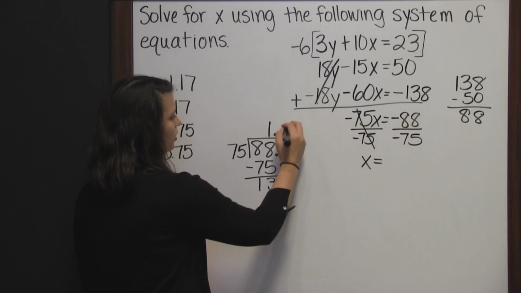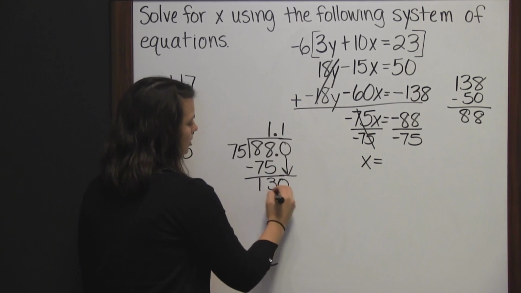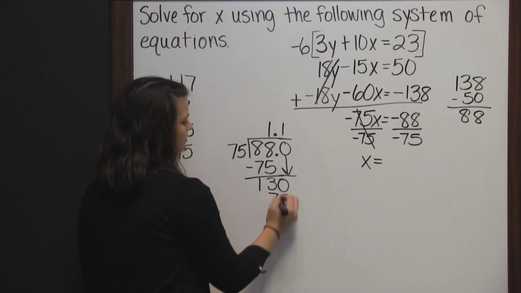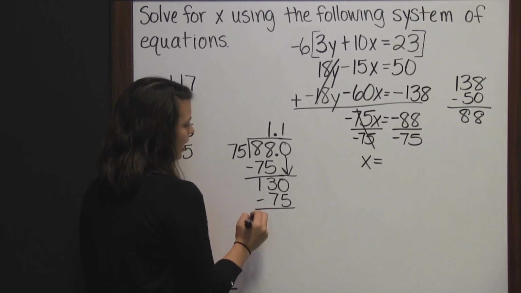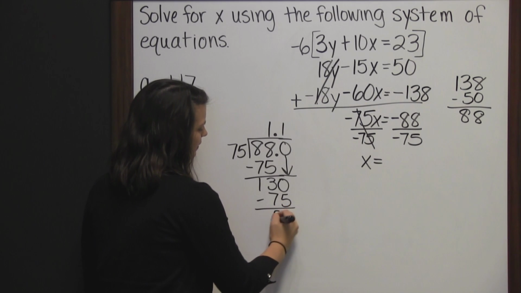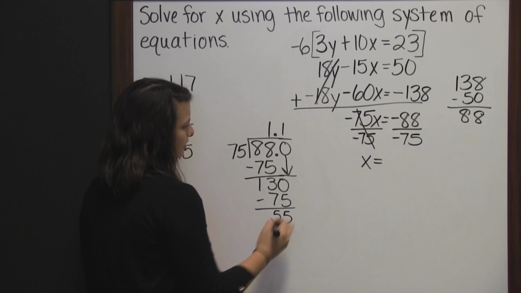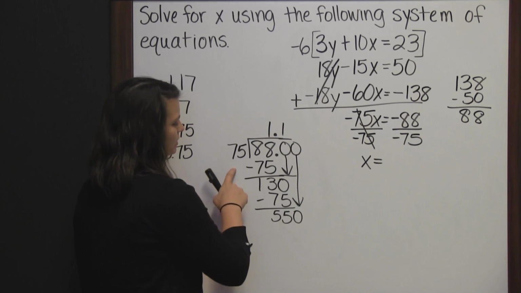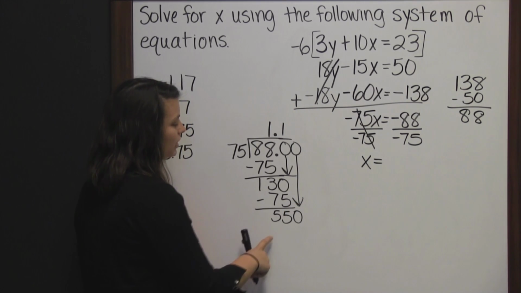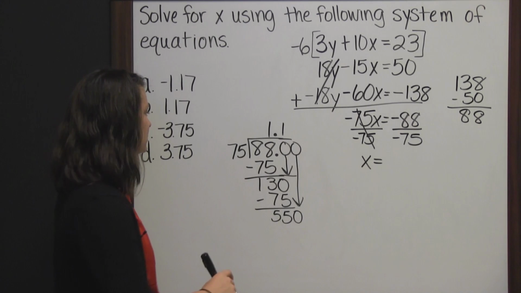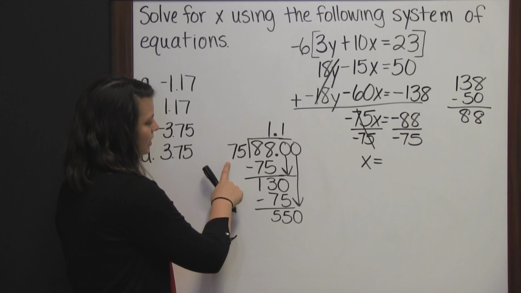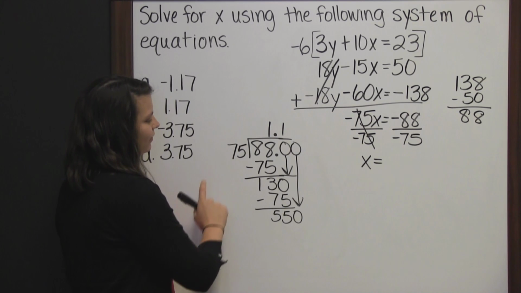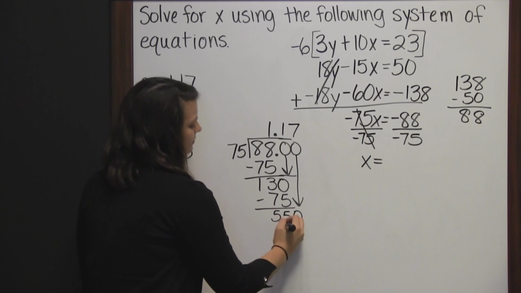75 goes into 130 one time. 75 times 1 is 75. Subtract, and we get 55. Add a 0 and bring it down. And 75 goes into 550, I believe, 7 times. 7 times 70 is 490. 7 times 5 is 35, so that'd be 525.